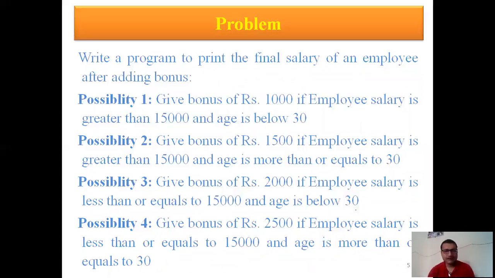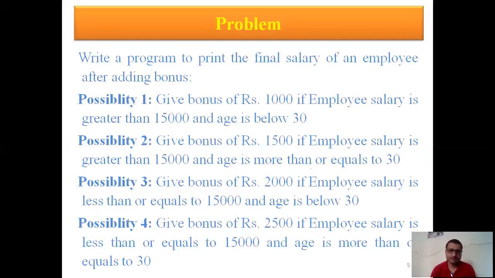Now we are going to implement this. We are going to give different bonuses to an employee. If the employee salary is greater than 15,000 and age is below 30, we'll give a 1,000 bonus. If salary is greater than 15,000 and age is more than 30, then we'll give a 1,500 bonus, right?